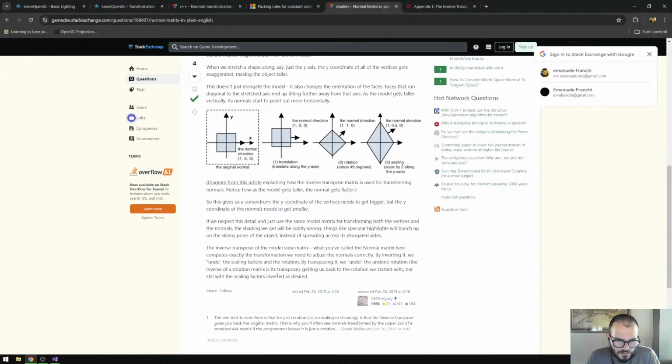By inverting the model matrix, we undo the scaling, the rotation, and also the translation. By transposing it, we undo the undone rotation, getting us back to the rotation we started with. Okay.